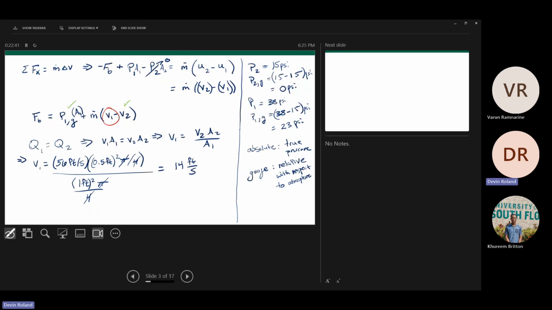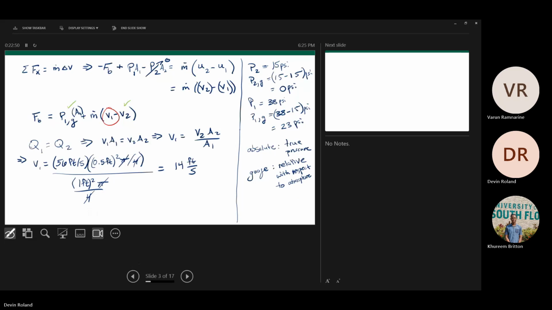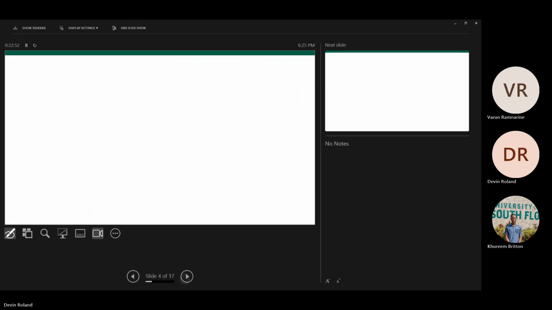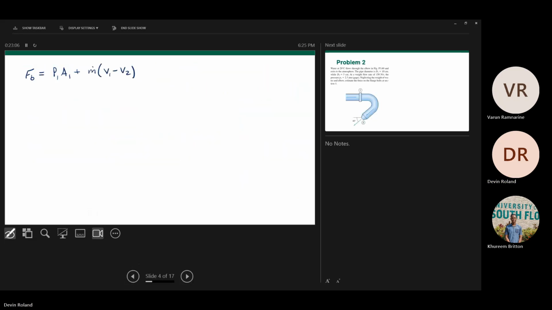Now we know the force of the bolts is going to be P1A1 plus m dot times V1 minus V2. P1 is 23 pounds force per inch squared.